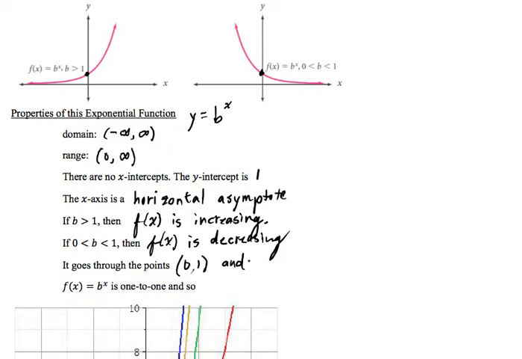The other point that I usually graph is when x is 1. If x is 1, then it's going to go through 1, b. Both of these do pass the horizontal line test. You could draw a horizontal line anywhere through it, and you're only ever going to touch 1 point at a time, no matter where you draw that line. So they are 1 to 1, which means they have an inverse.